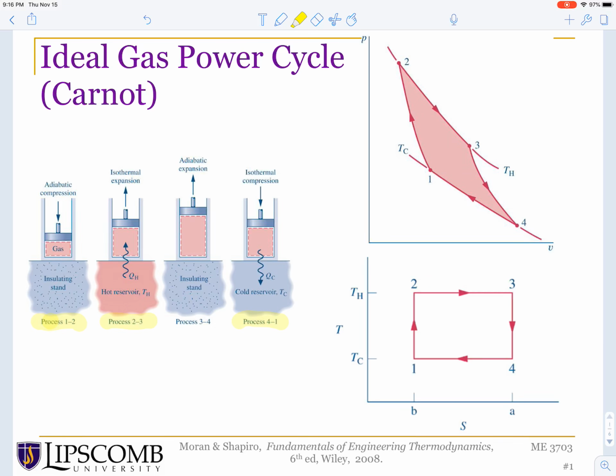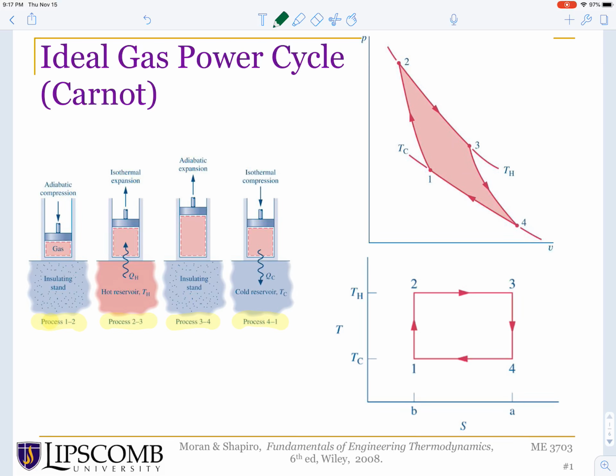And so that would look like a vertical line on our TS diagram from state 1 to 2. And then process 3 to 4 would be our adiabatic and reversible expansion process. Work out. On the TS diagram, that would look like a vertical line from state 3 to 4.